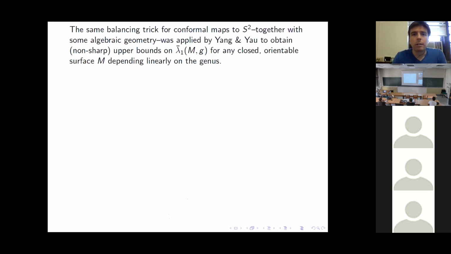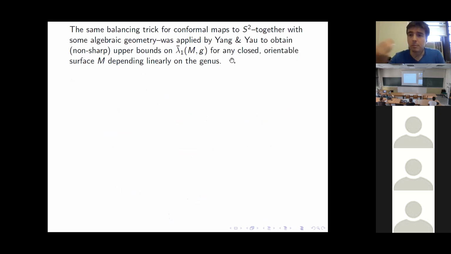So a little while later, Yang and Yau observed a similar balancing trick for conformal maps from higher genus surfaces to S2. So now we won't be looking at true conformal maps, right? Not diffeomorphisms, but weakly conformal maps. In particular, we can find by algebraic geometry conformal branched covers of S2 by these higher genus surfaces.